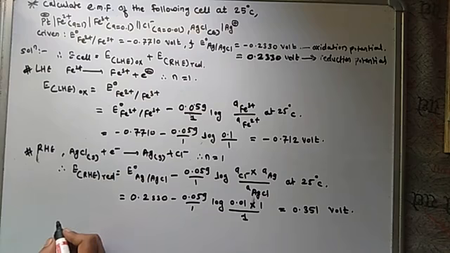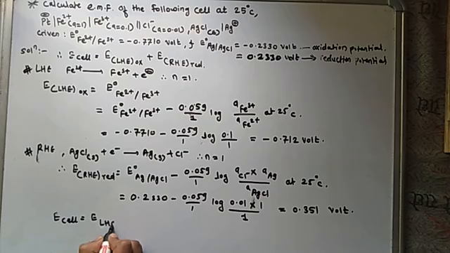According to the cell reaction, the total EMF of the cell, E cell, equals E of the left-hand electrode of oxidation plus E of the right-hand electrode of reduction.